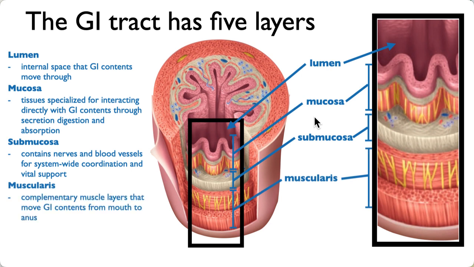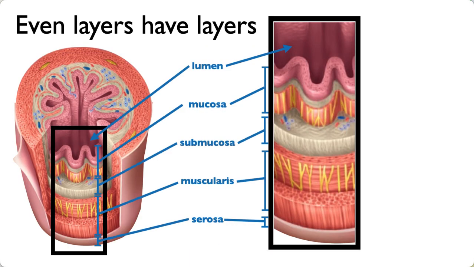And then outside of that is a layer called the muscularis, which primarily has the responsibility for moving the contents through the GI tract, but also plays an important role in mixing things and breaking them up, which we'll talk about. Finally, on the very outside is a layer known as the serosa, which, as far as we know, has no function other than just being a fibrous protective sheath. But who knows what scientists will discover next.